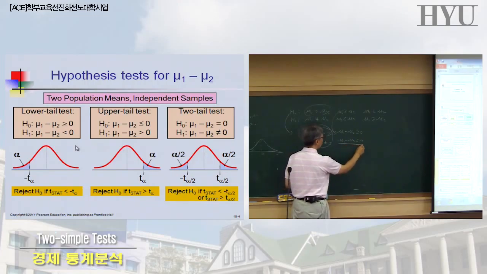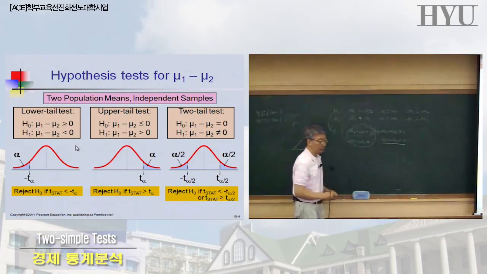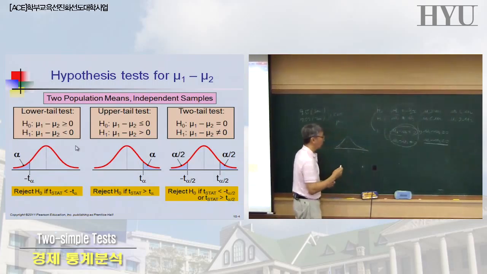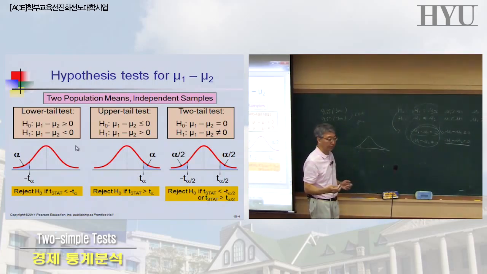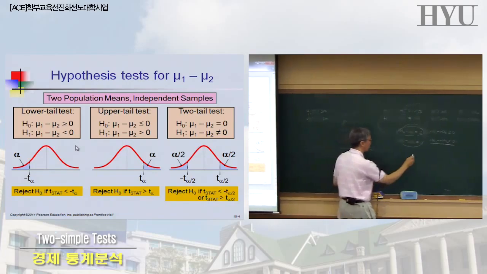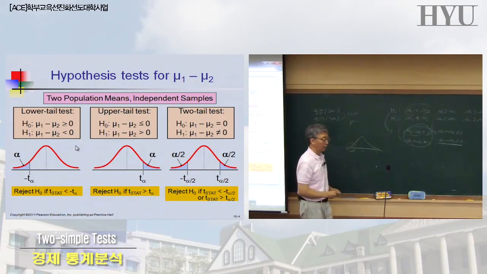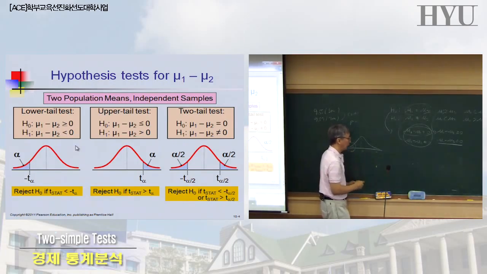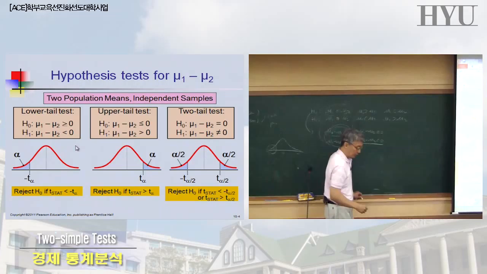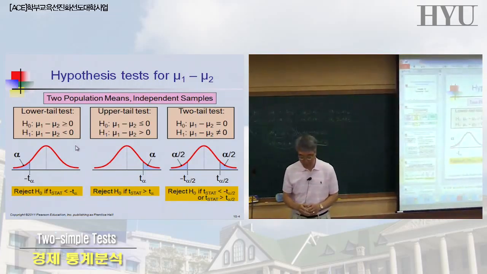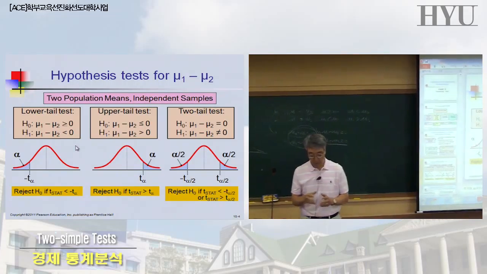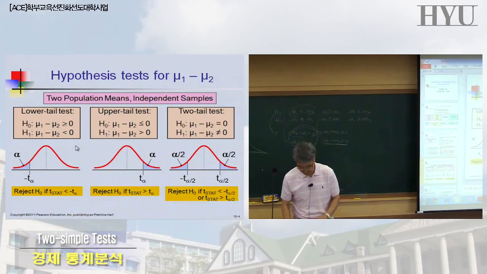So from this alternative hypothesis, you can find out we're running what? Upper tail test or lower tail test? Lower tail test, because it says less than 0, right? So you have to set up the rejection region on the lower tail, right? And so on, okay? So that's the only difference between one sample test and two sample tests, okay?